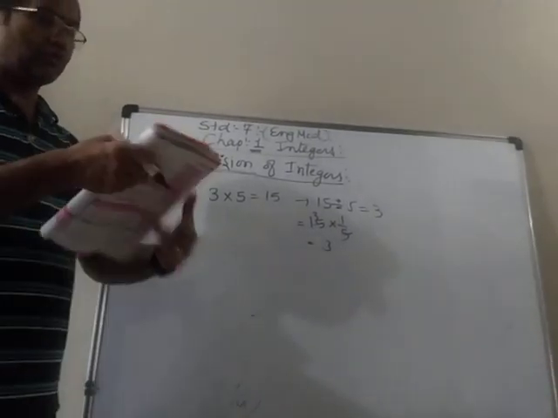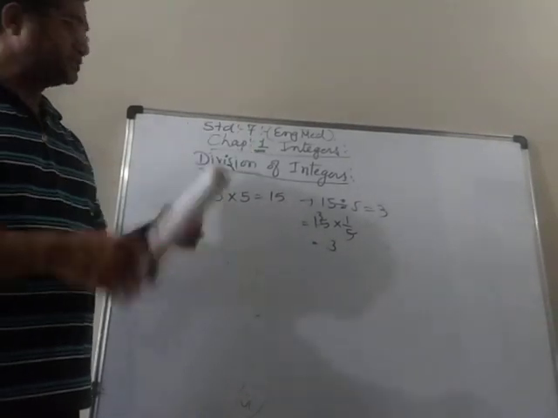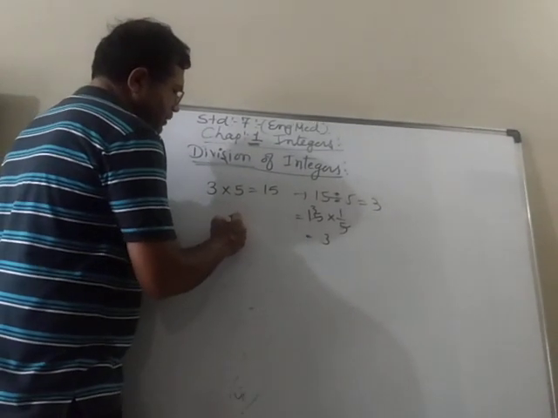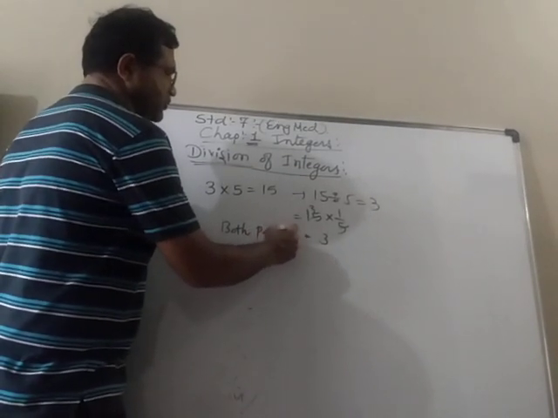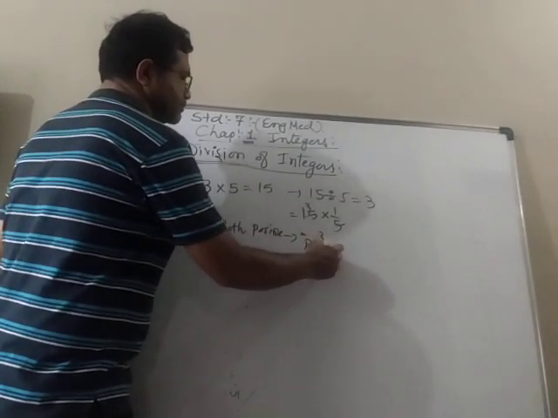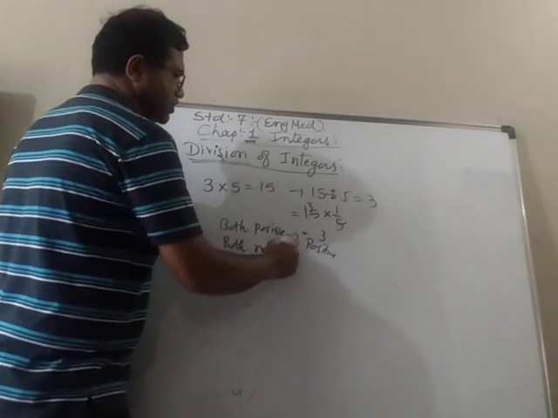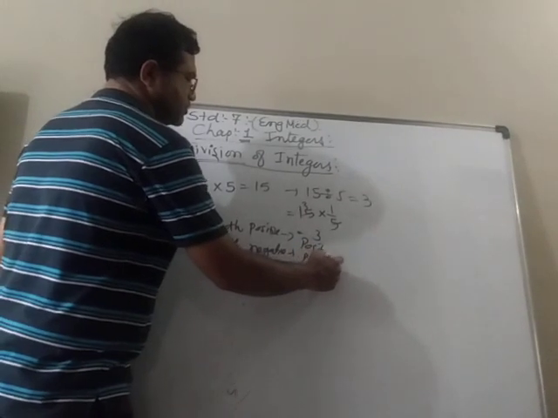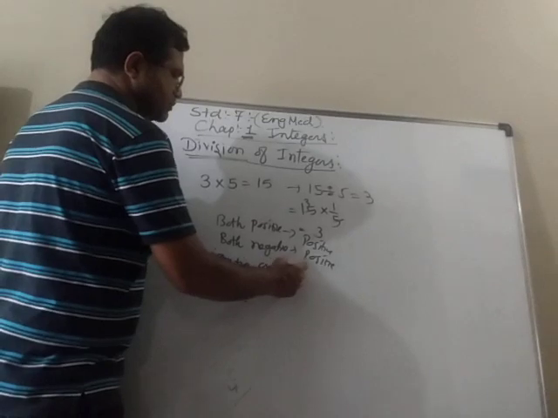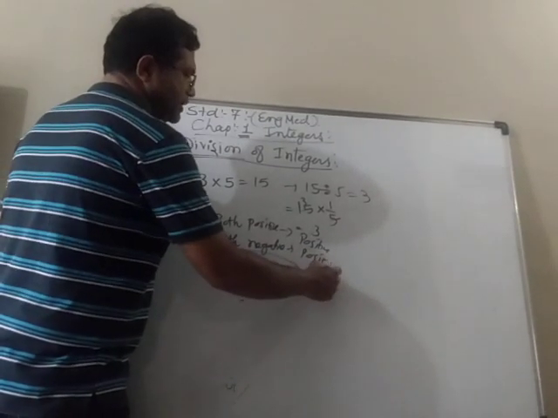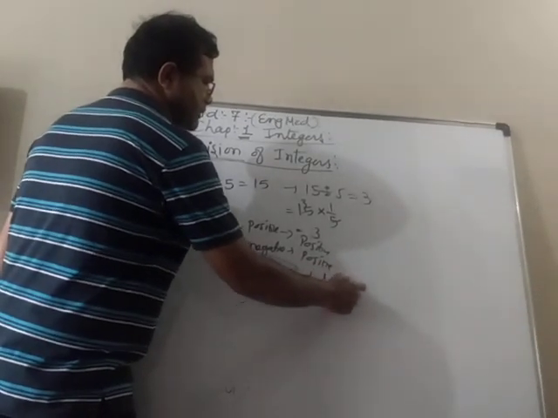So division of integers is also the same. If both numbers are positive, the answer is positive. Both negative, then also your answer will be positive. But if one is positive and one is negative, then their division will take the negative sign. That we have to remember properly.